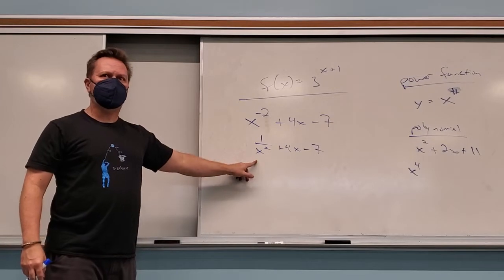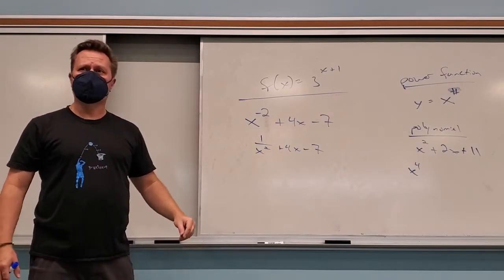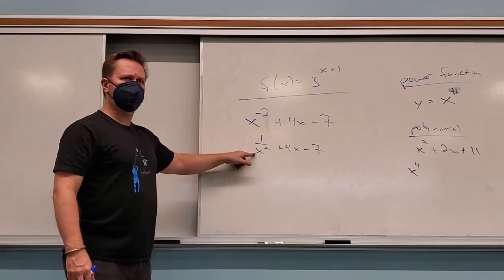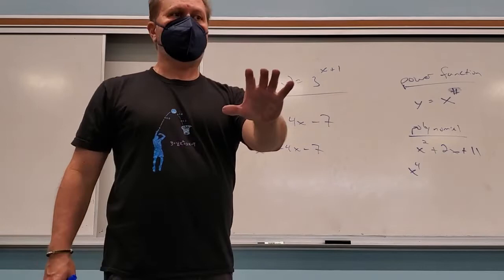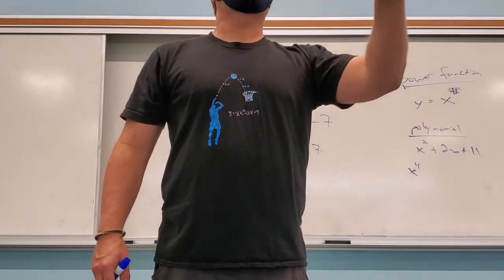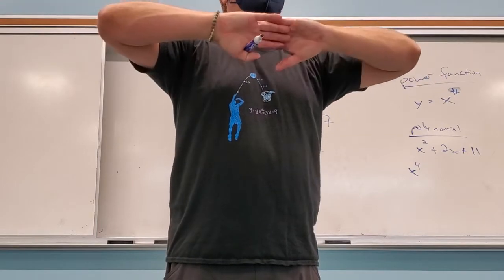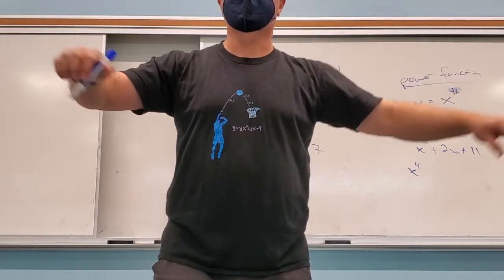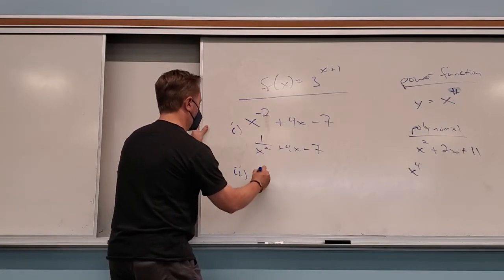Is there an x value I'm not allowed to use? Think about it. This is 1 divided by x squared. I can't use 0. So polynomials have to be able to take anything. I have to be able to put whatever I want in them, right? So what's wrong with this one?